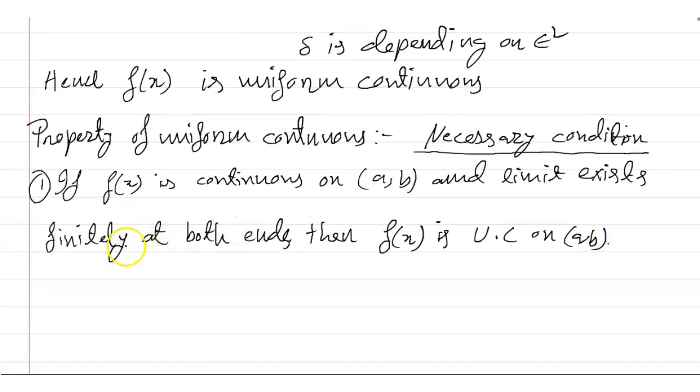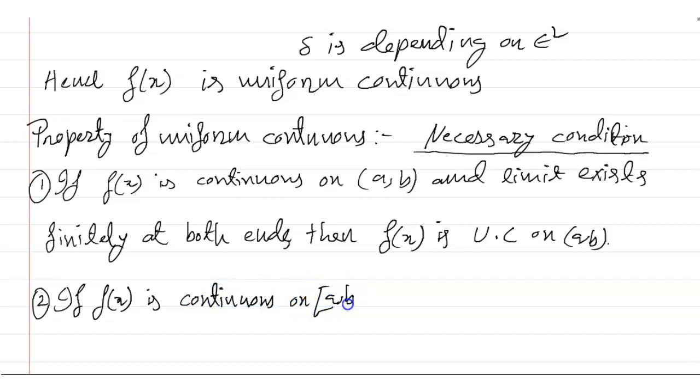And number two, if f(x) is continuous on [a, b], then f(x) is uniformly continuous on [a, b].